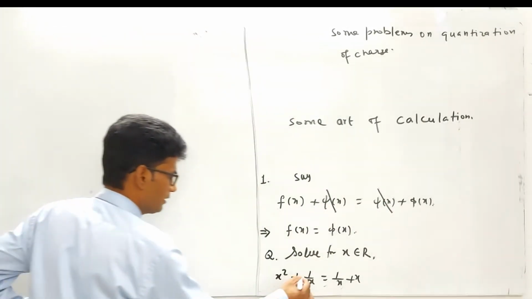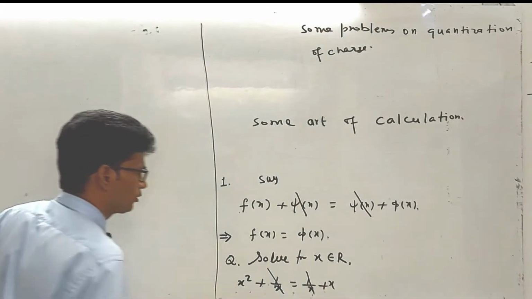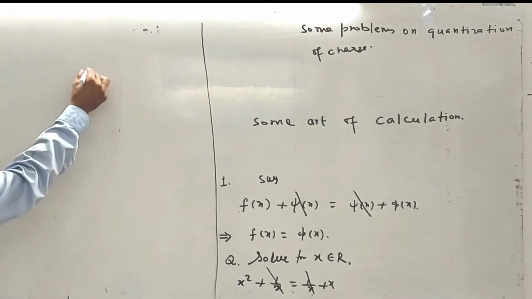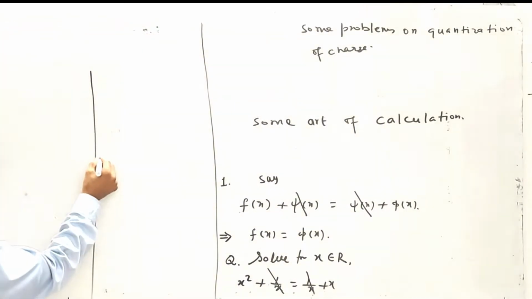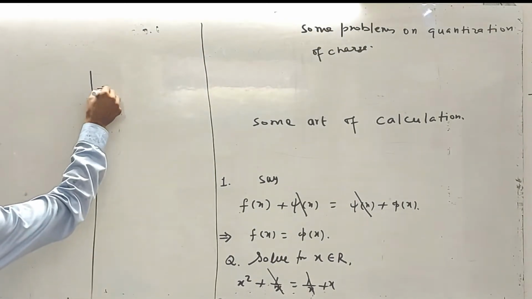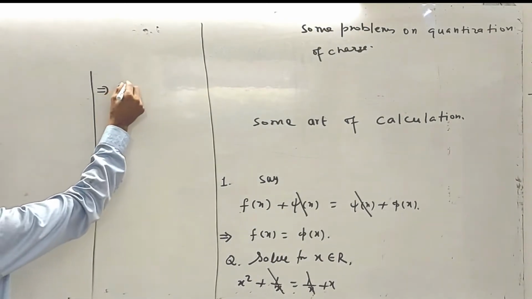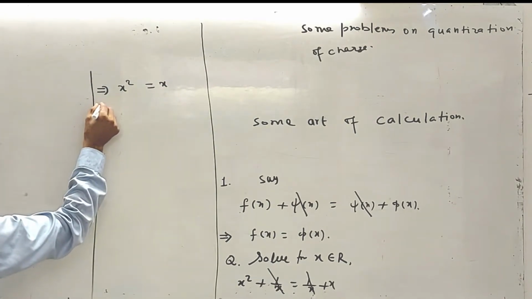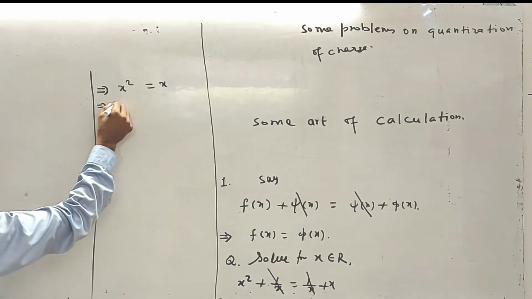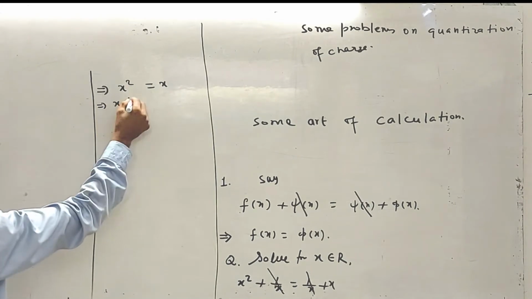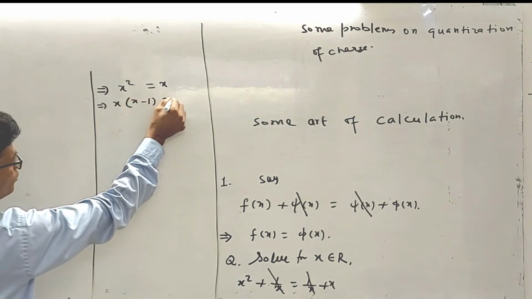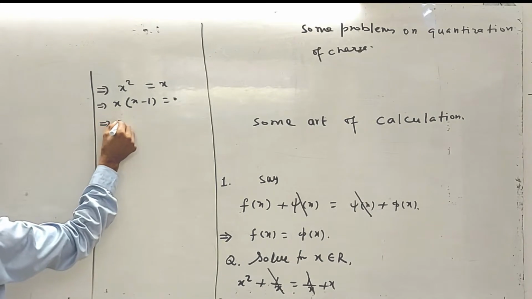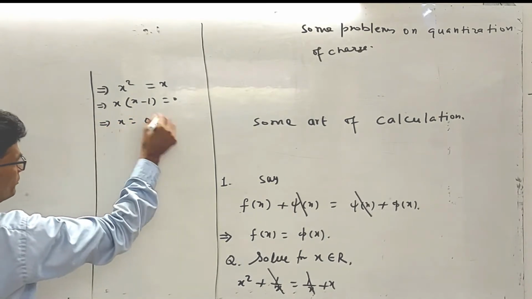So what do we have left? This implies x square is equal to x. Bring the right hand side to 0 and take x common: x times x minus 1 is equal to 0. Now this implies x equal to 0 or 1.